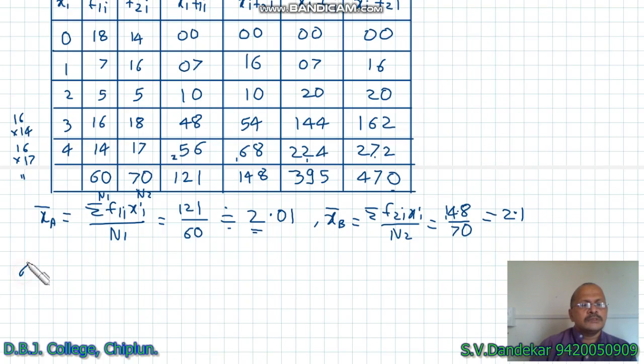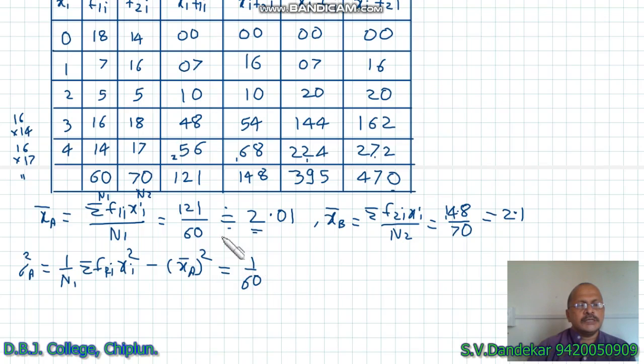Now sigma square A is equal to 1 upon N1 summation F1I into Xi square minus XA bar square, that is 1 upon 60 into 395 minus 2.01 square.